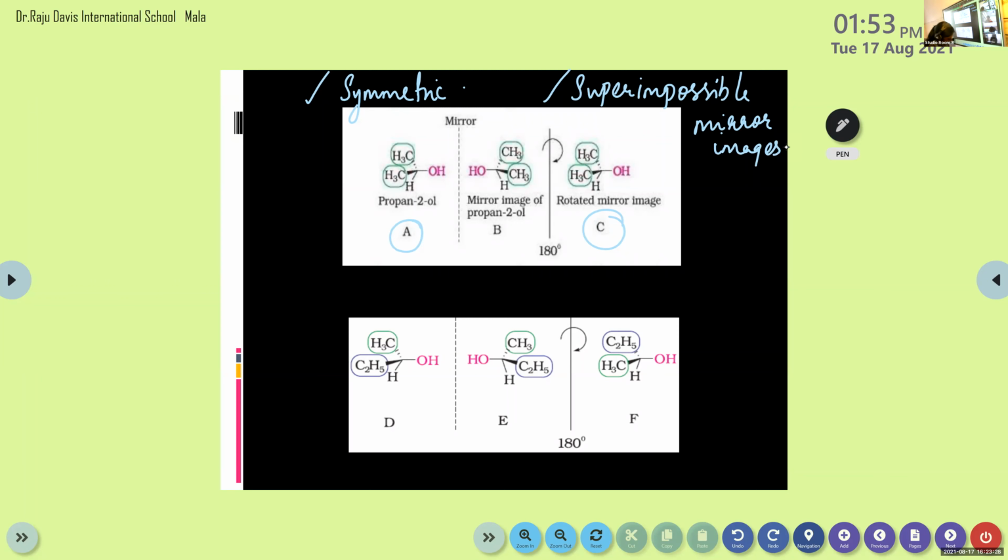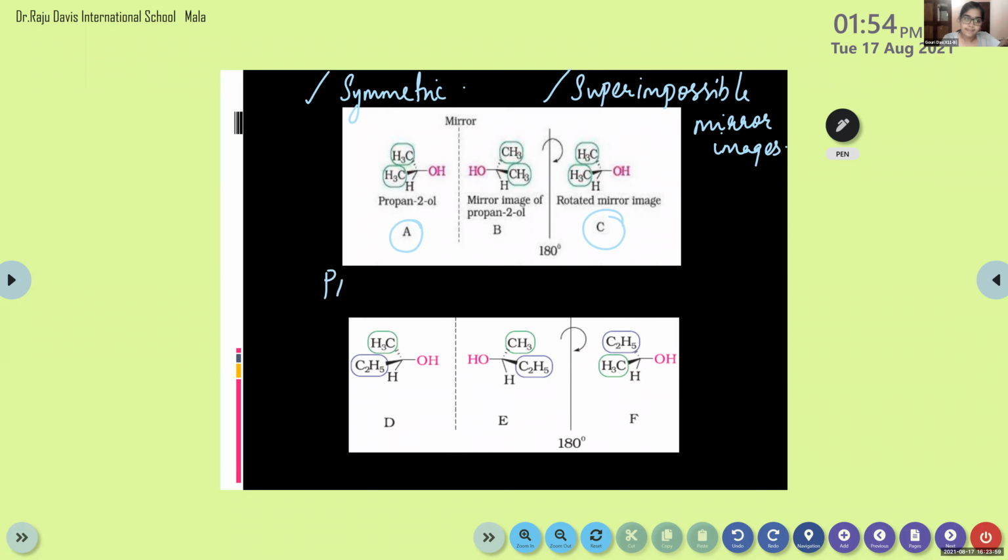So can you tell me, is this propan-2-ol a chiral molecule or an achiral molecule? It is symmetric, with a superimposable mirror image. The one that shows optical activity is considered a chiral molecule. So now you can tell me. Gauri. Achiral.